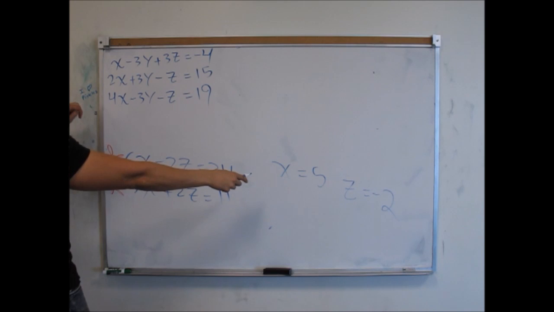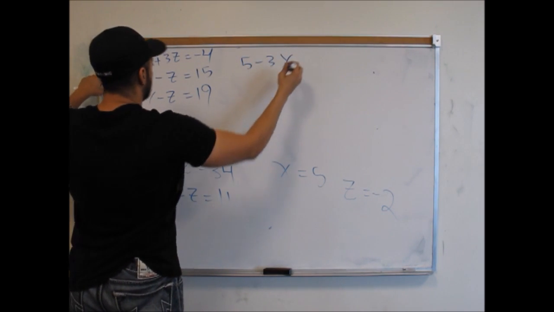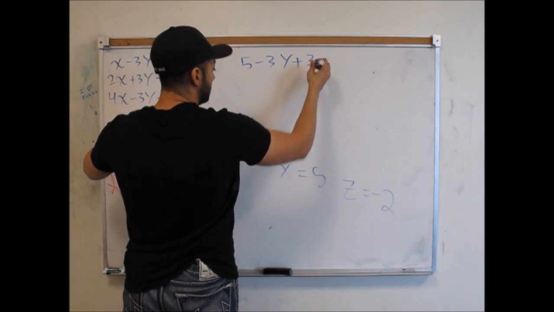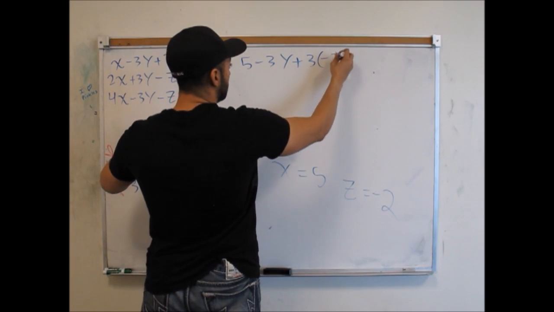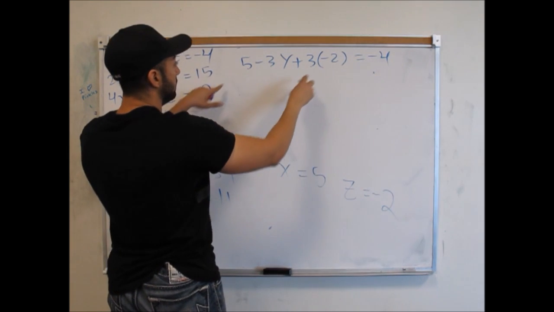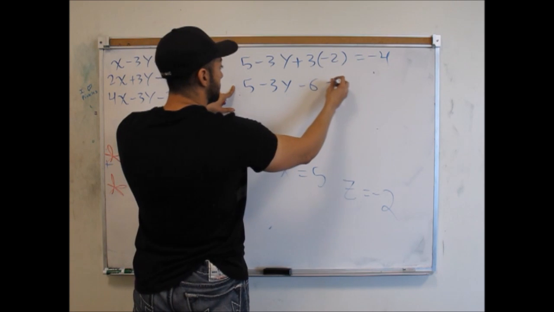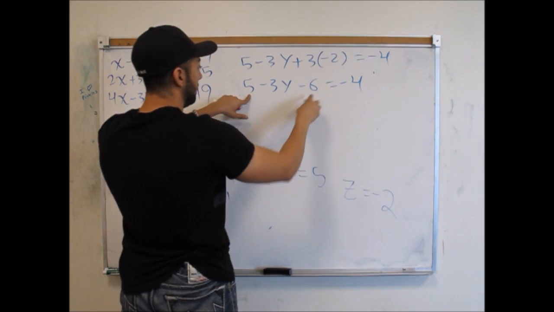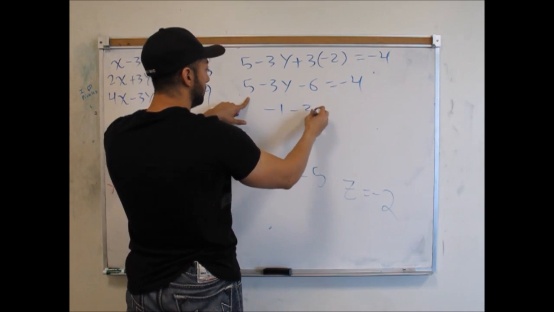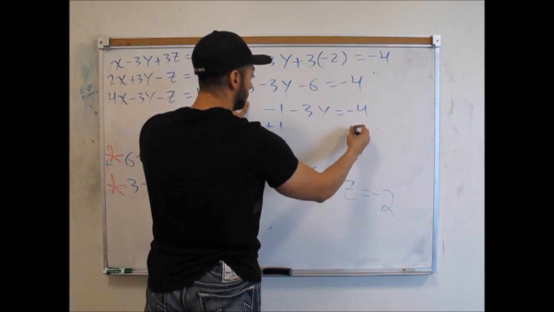So let's just go with this equation to find y. So x equals 5. We don't know what y is. Plus 3z, where z is negative 2, equals negative 4. So we get 5 minus 3y minus 6 equals negative 4. The 5 and the negative 6 make a negative 1. Then you're going to add the 1 over.